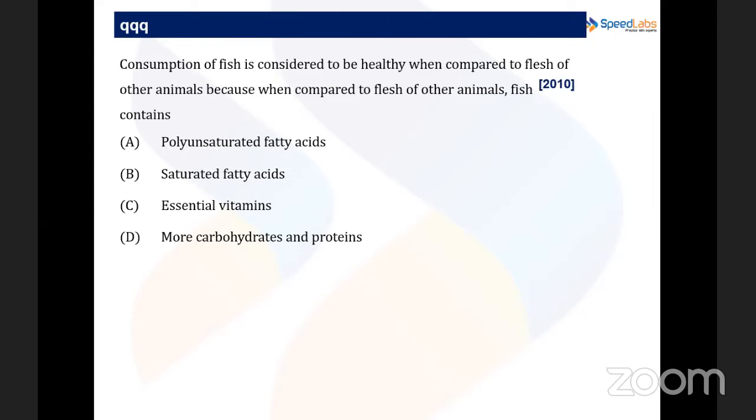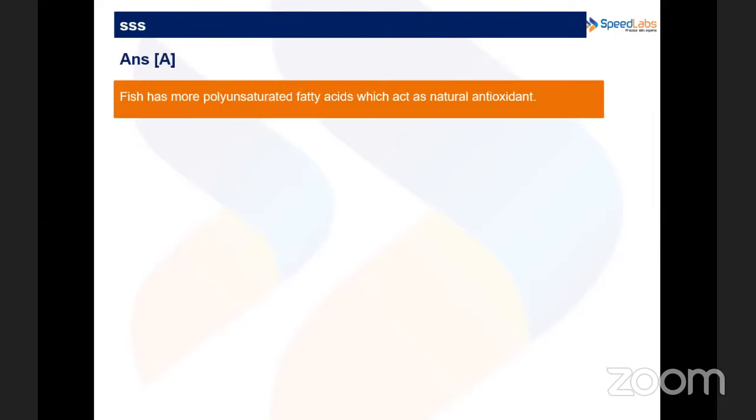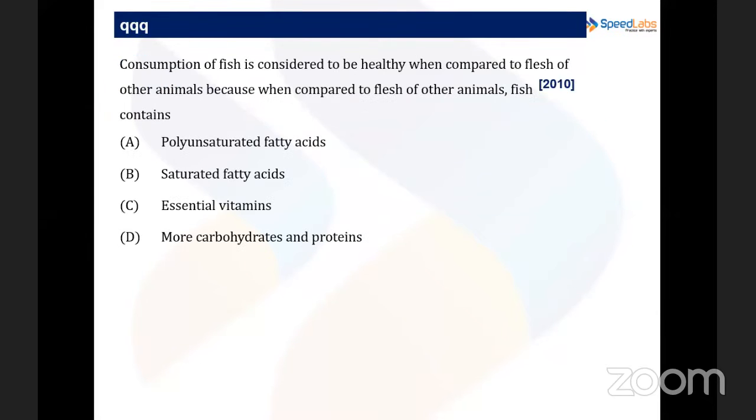So the answer to this question is option A. Fish has polyunsaturated fatty acids that act as natural antioxidants. That's why it is advisable to eat fish rather than the flesh of other animals. Hence, option A is the correct answer.